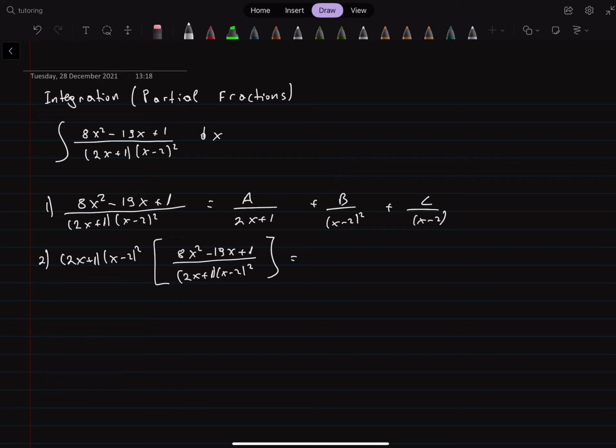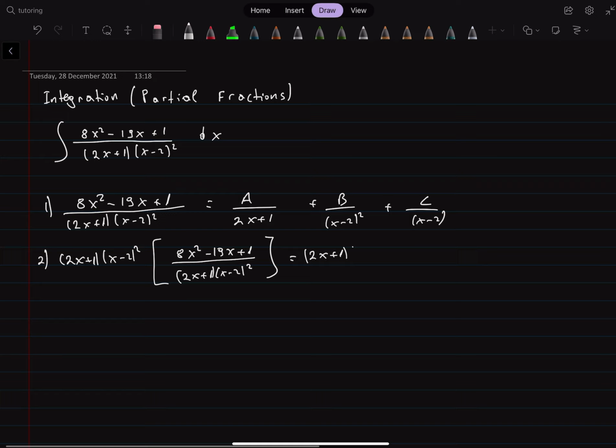And then that's the left side done. We do the same thing on the right side, with (2x + 1)(x − 2)² multiplying all three terms. It would multiply them separately as well, but this is just to save space. Plus B over (x − 2)², then plus C over x − 2.